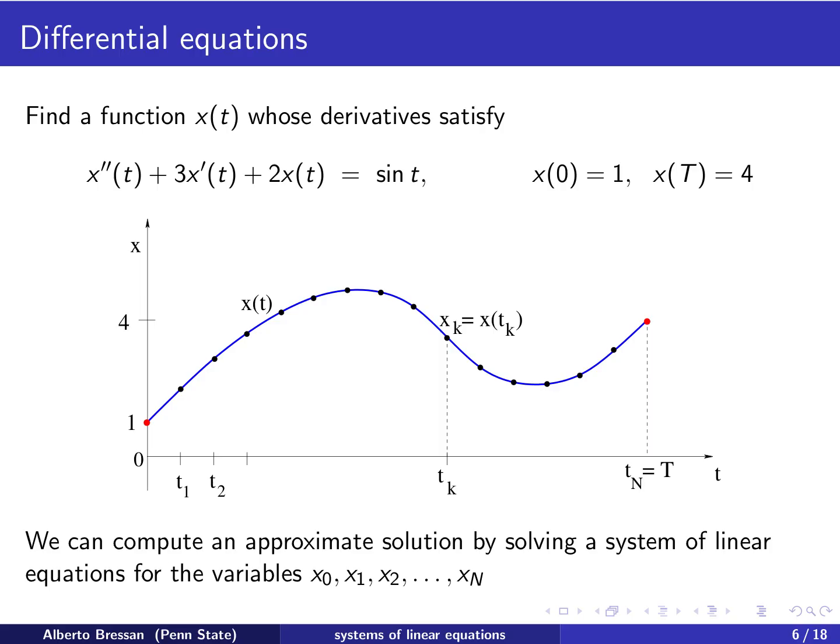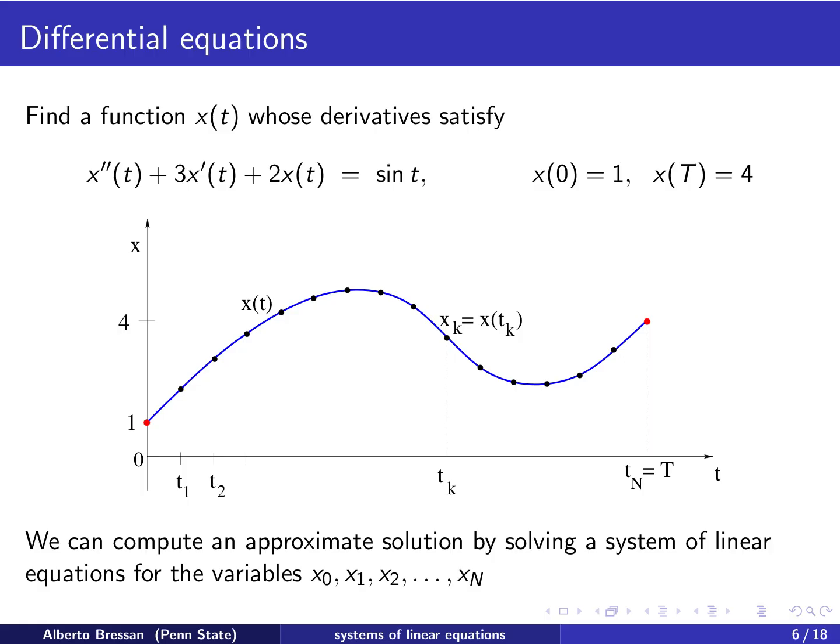And then we will rewrite the equation here, expressing the derivatives in terms of the values at these points, and this is called finite difference. Okay, and we will end up with many equations for these derivatives, one at each point tk.